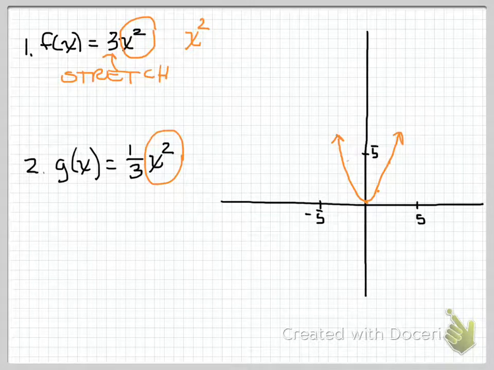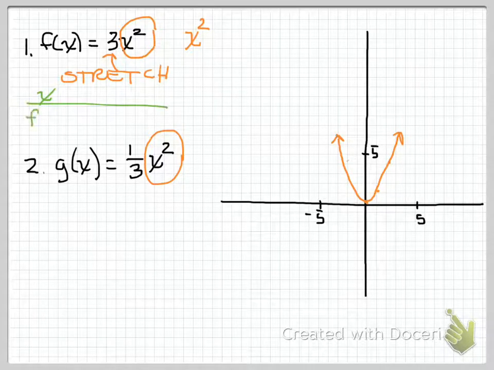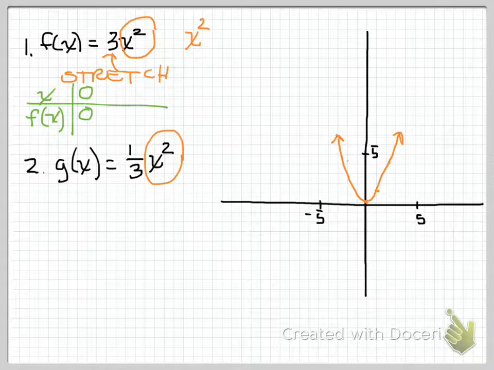Let's say x here and f of x. So if x is 0, if we square 0 and then multiply that by 3, our 0 point is still the same. If we substitute in a 1 for x, and square that and then multiply by 3, we get 3.